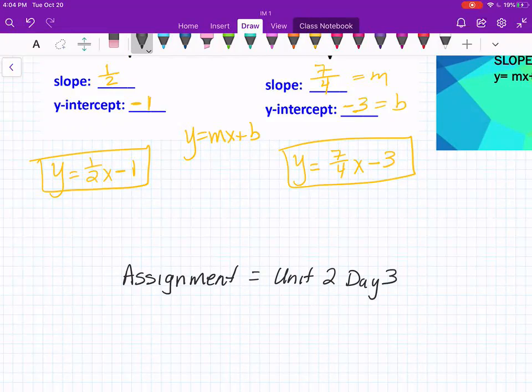And in Canvas, you will find a worksheet from CUDA, which is titled U2 L3, and there are 6 problems where you have to find the slope and 10 problems where you actually have to graph the line given the slope and the y-intercept. So there are 16 problems, and you are good to go.